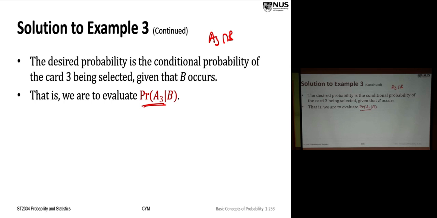A1, A2, A3. A1's both red. A2 both black. A3 one red, one black. Then I draw a card, and the upper face is red color. And ask what's the chance that the other face is black, which is the same as asking what's the chance that you draw the third card. So it's the probability of A3 given B that we want to find out.